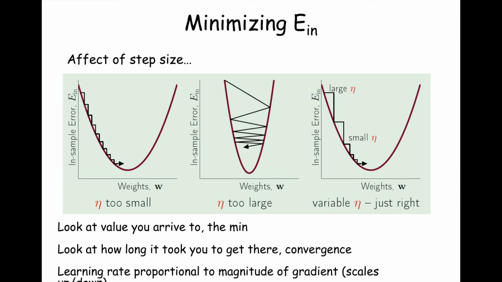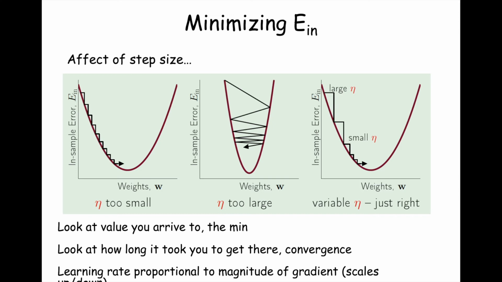And so the next question then is, how do you set your step size? Absolutely, cross-entropy error, it's convex. And we said it doesn't matter how you initialize it, you'll eventually reach the minimum. That's true, but there's a caveat. It depends on how you're stepping.